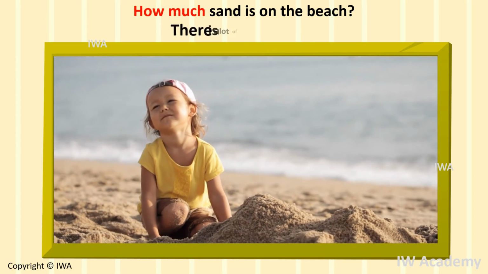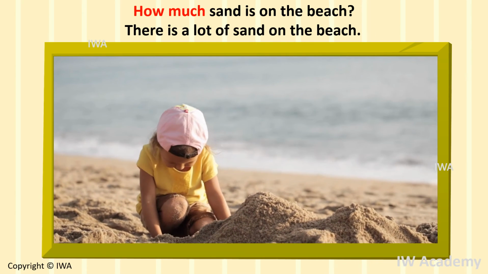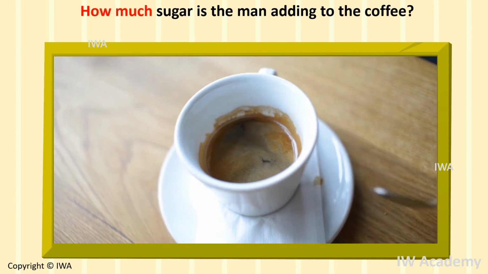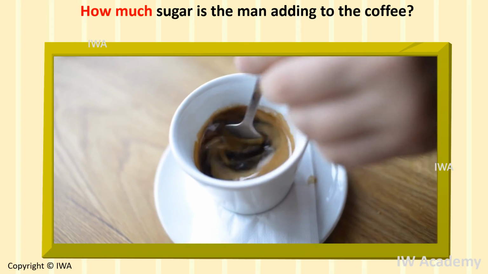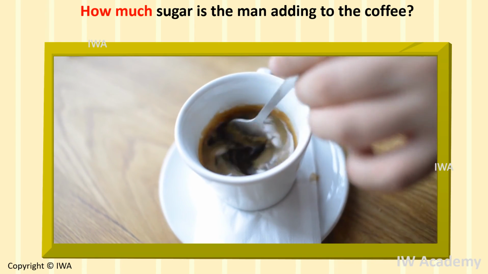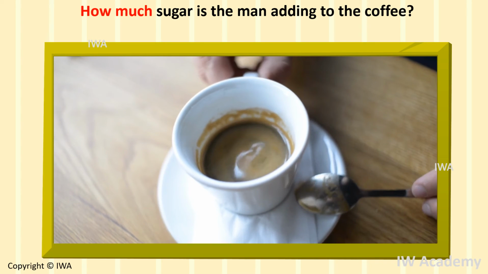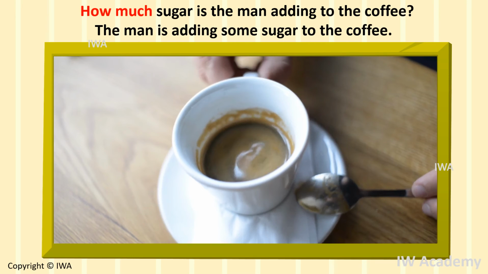Brilliant! There is a lot of sand on the beach. How much sugar is the man adding to the coffee? Great! The man is adding some sugar to the coffee.